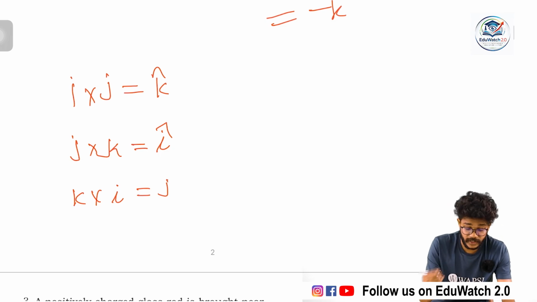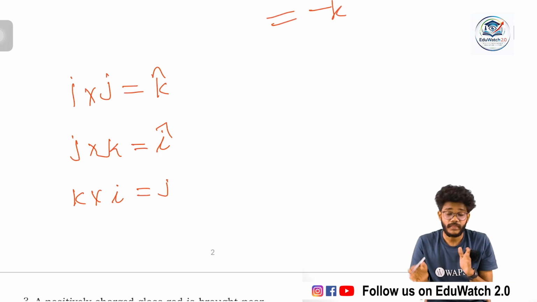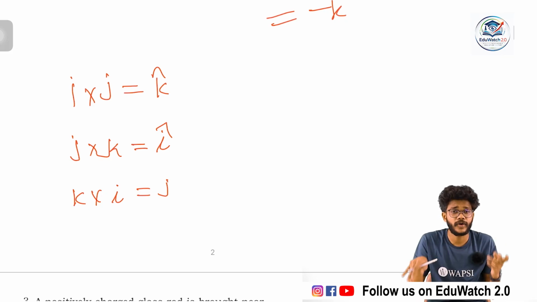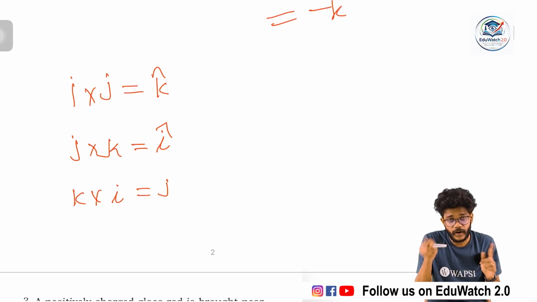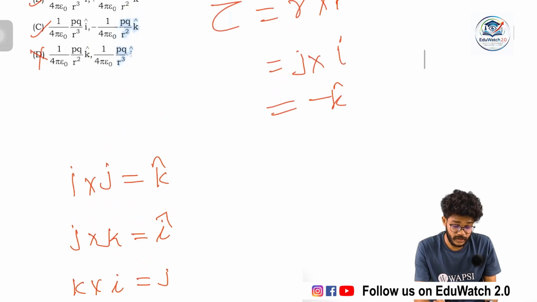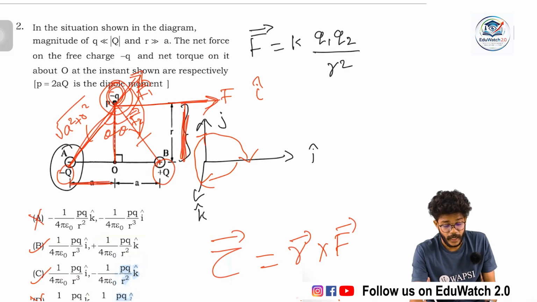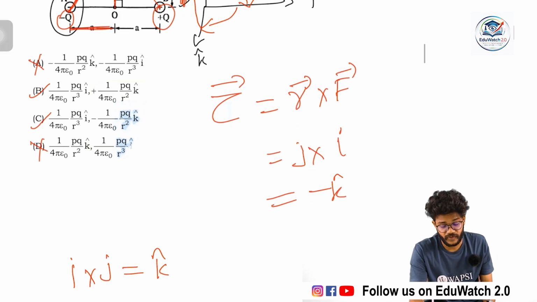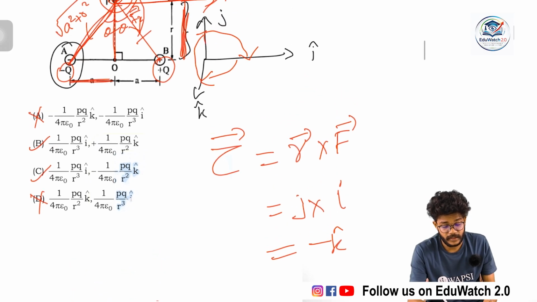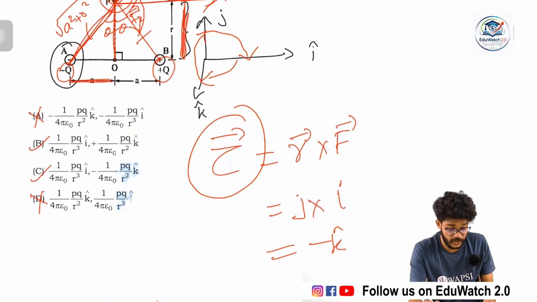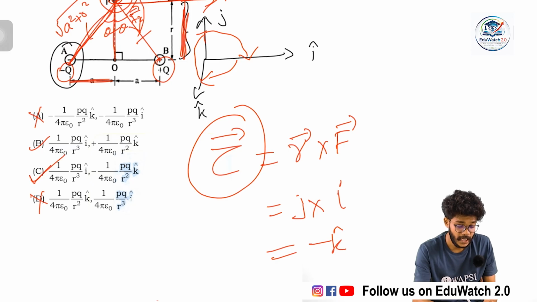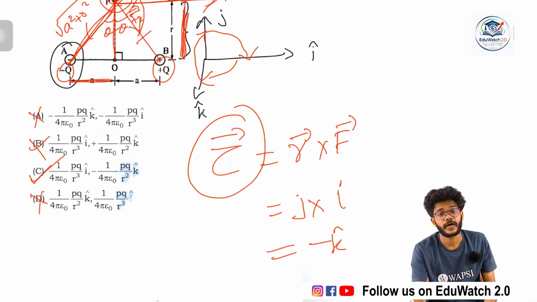In the reverse, this is anti-clockwise, and in the anti-clockwise direction that is positive. In the clockwise direction, I cross K will be minus J, K cross J is minus I, and J cross I is minus K. So by using this direction formula, we can say that the direction of torque is on the minus K. So option C is correct, and option B is the wrong answer.